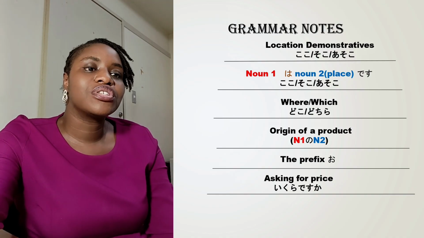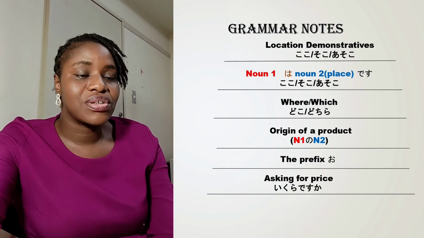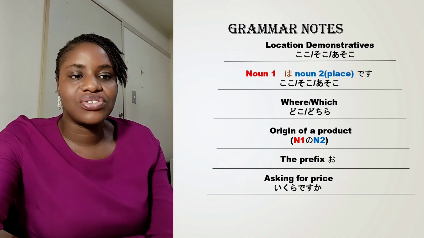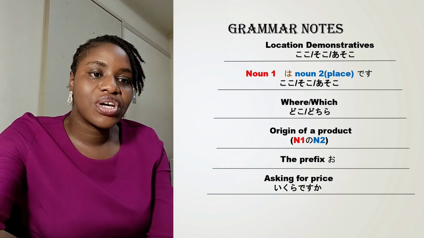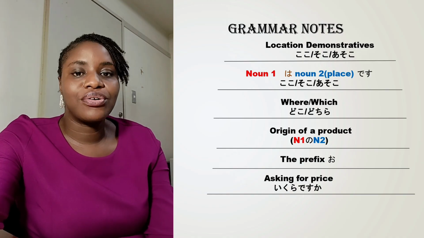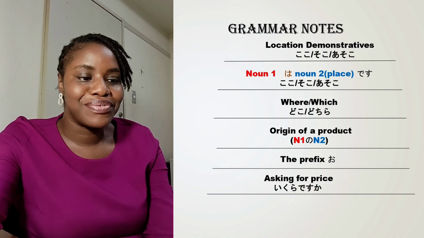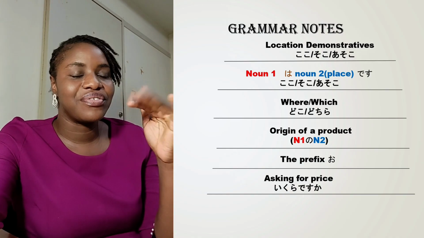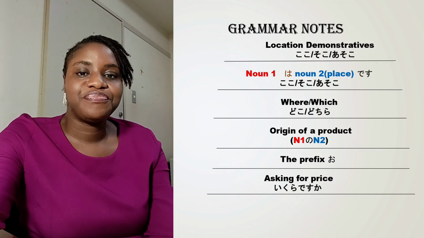We're also still going to be looking at the prefix o. We already discussed this in the last lesson, so it's just a repetition. And then we're going to be talking about price, accent for price, ikura desu ka, and how to go about saying some of the prices in Japanese and some of the irregularities in it.